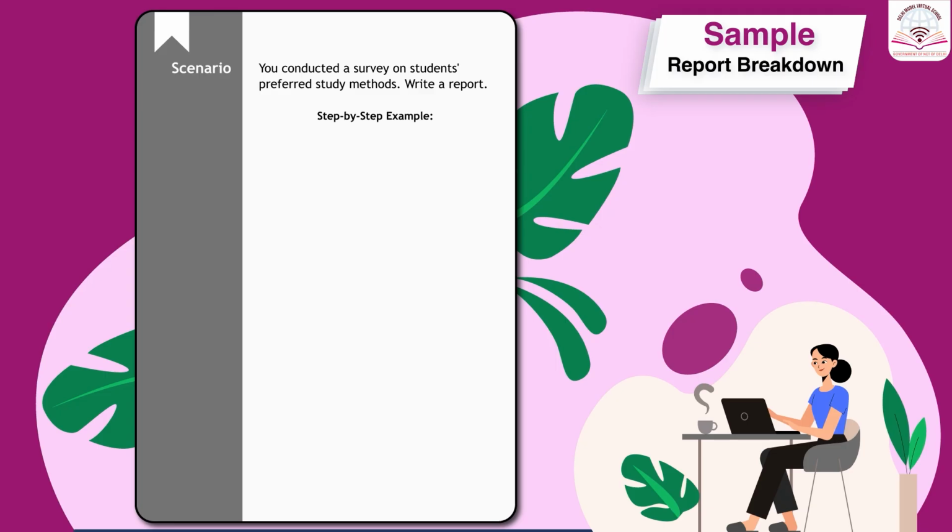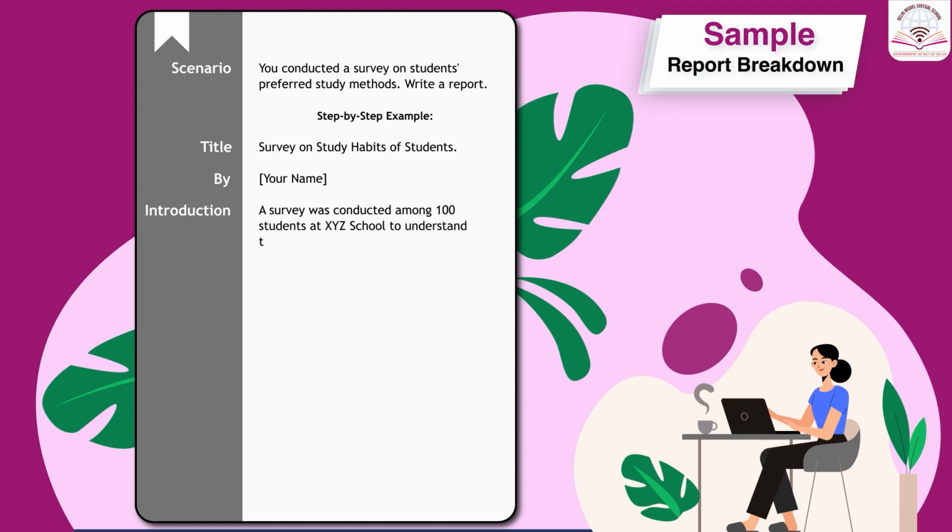Firstly, you have to give it a suitable title, and the title is Survey on Study Habits of Students. Next, you will write your name and then an introductory paragraph, where you can write: a survey was conducted among 100 students at XYZ school to understand their study preferences.